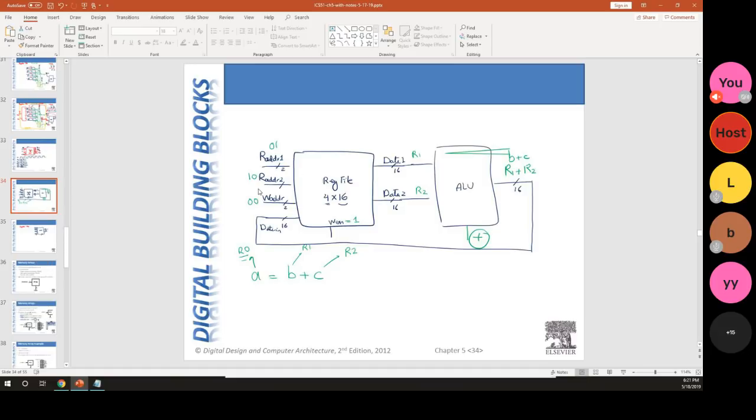That's what the first address does and the second address does. They choose which two registers to actually do an operation on. The write address is just where you want the result to go. So if you said A equals B plus C, then your write address is going to be the address of register A, your read address is going to be C, and this one is going to be B.